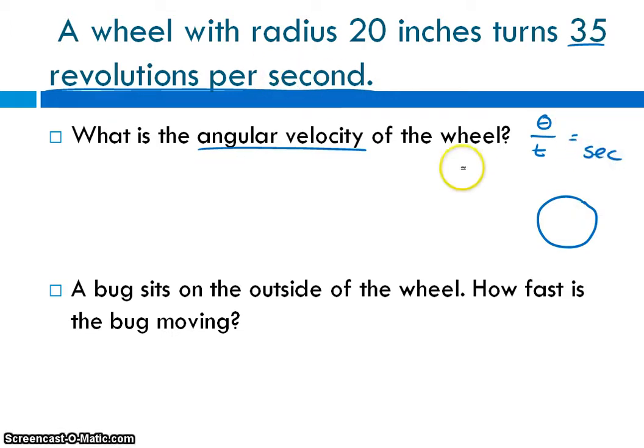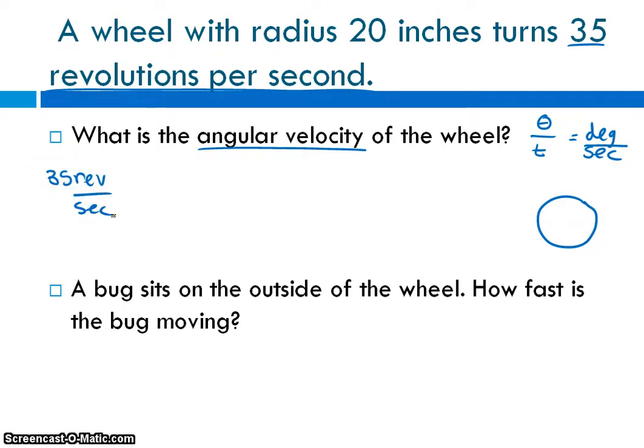It didn't specify angular velocity in degrees per second or radians per second, so I'm going to go ahead and start off with degrees. So I want a rate, degrees per second.